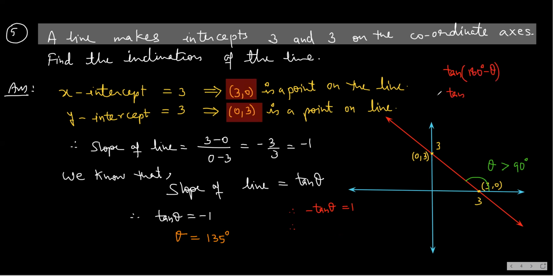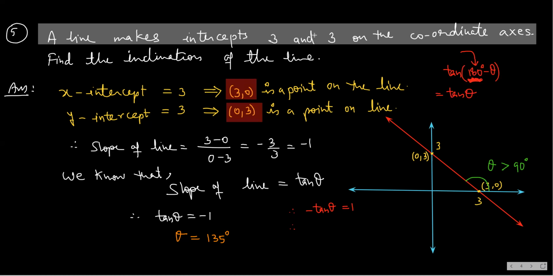See, tan 180, this is an even multiple of 90 degrees, 2 times 90 degrees. So tan will remain tan, and theta. Then which quadrant does this angle lie in? This angle lies in the second quadrant. 180 minus theta is in the second quadrant. So what you will do?